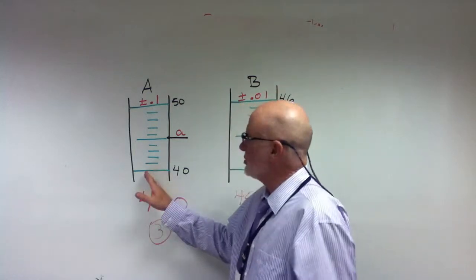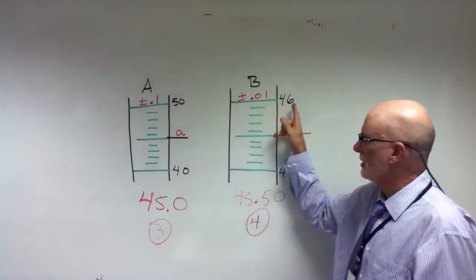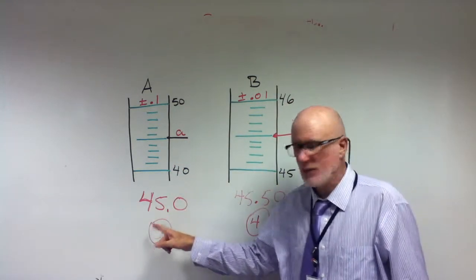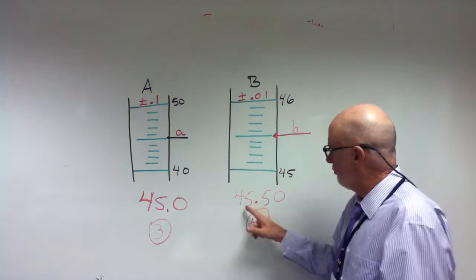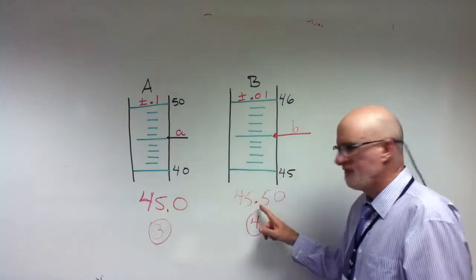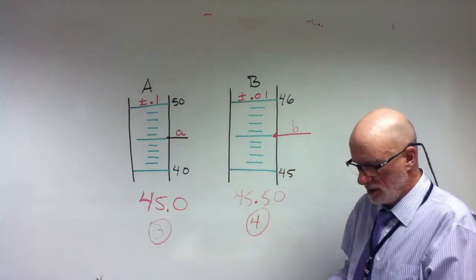I have instrument A, instrument B. Precision, precision. Measurement, measurement. 45.0, same material, 45.50. 3 significant figures, 4 significant figures. 3, 4.